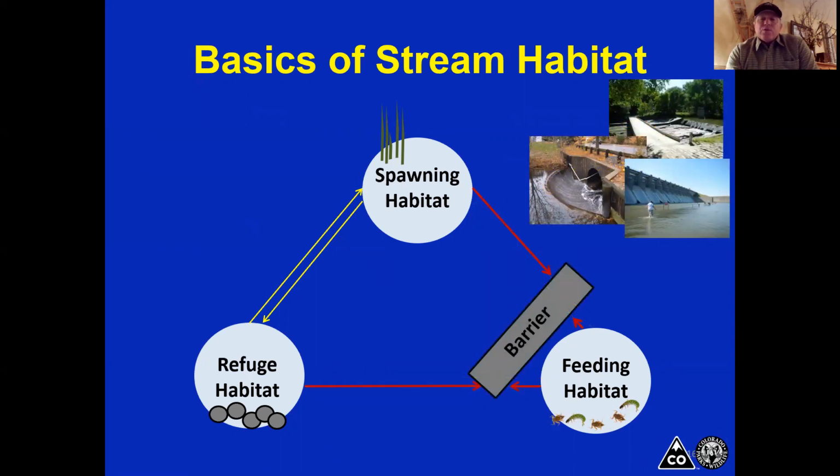So for instance, if we put in a dam, a low head diversion, culverts, or sometimes whitewater parks, as we found, these can create barriers to fish moving and finding the different components of their life cycle that are necessary to maintain the fish population.